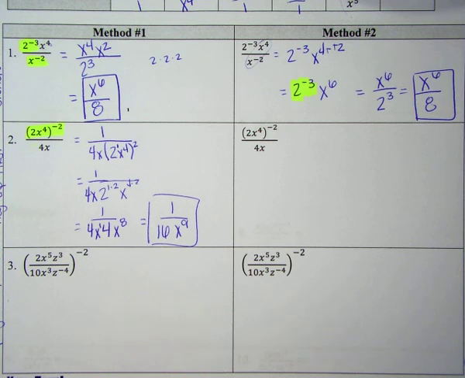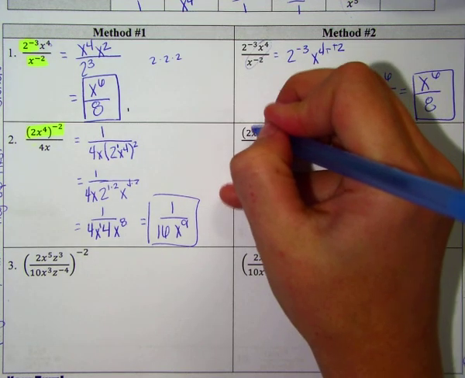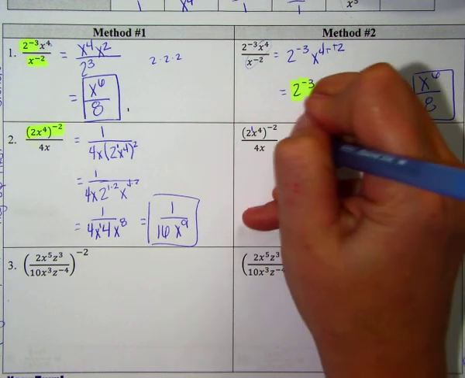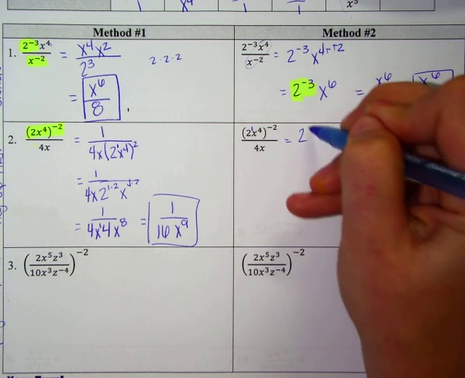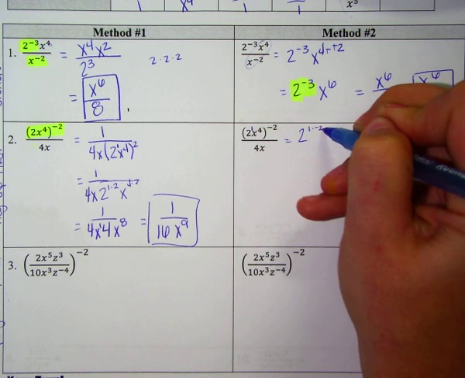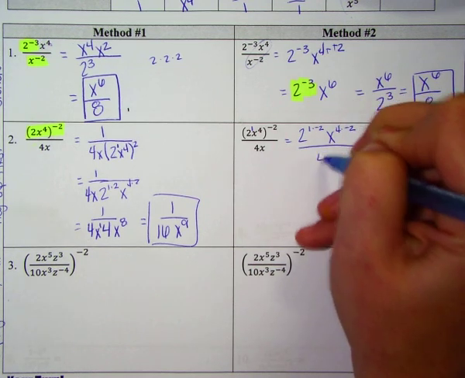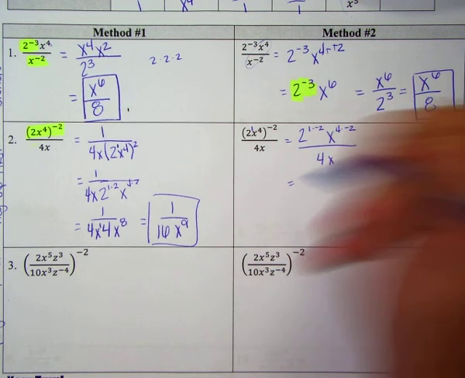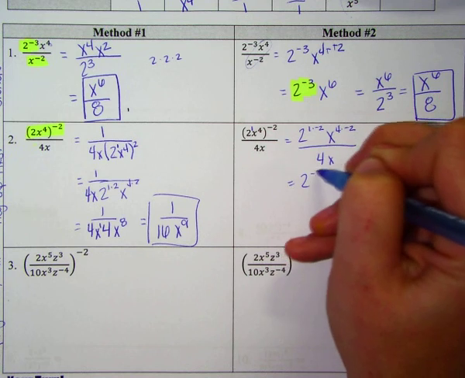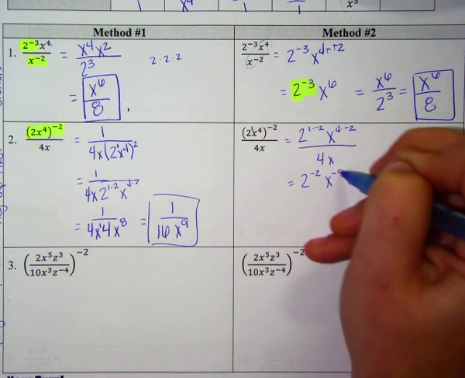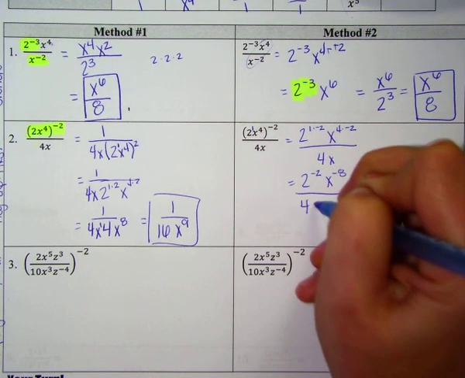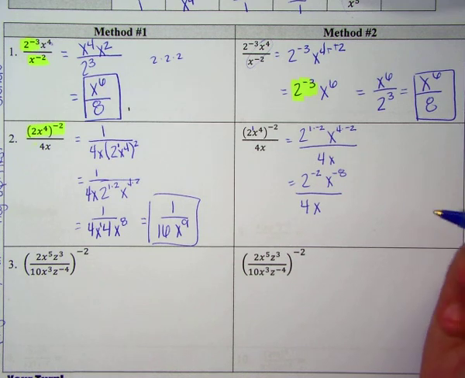The second way that you could do this is I'm going to raise each of these to the negative 2nd power. So this becomes 2 to the 1 times negative 2 power, x to the 4 times negative 2 power, all over 4x. This becomes 2 to the negative second, x to the negative 8th, over 4x.